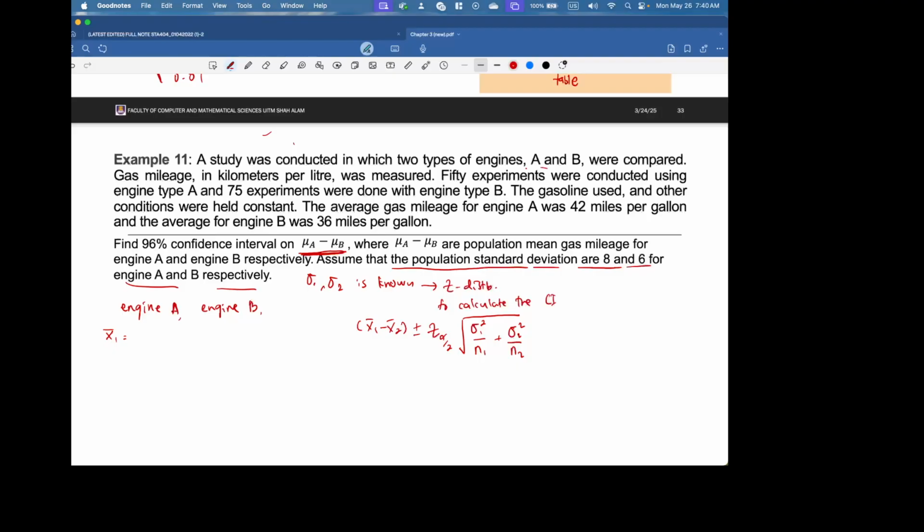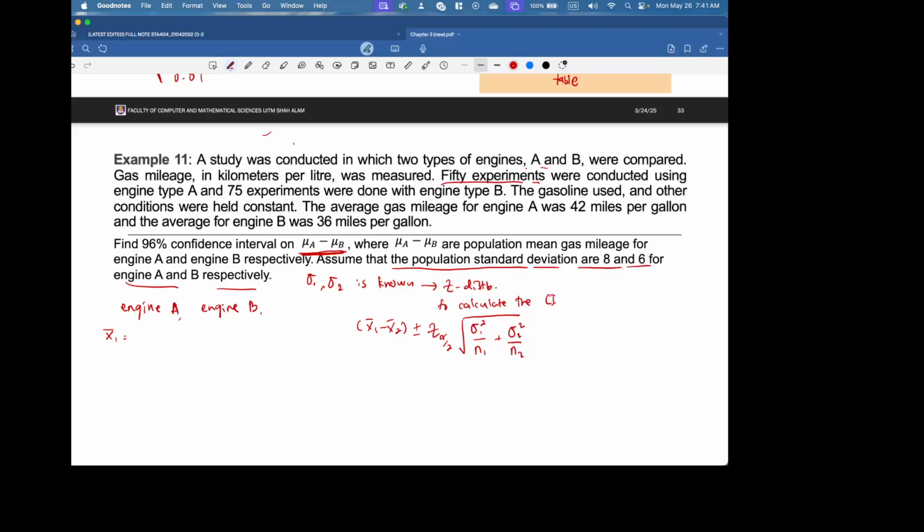Let's take a look at the question again. A study was conducted in which two types of engines A and B were compared. Gas mileage in kilometers per liter was measured. 50 experiments were conducted using engine type A. So these 50 experiments are the samples.